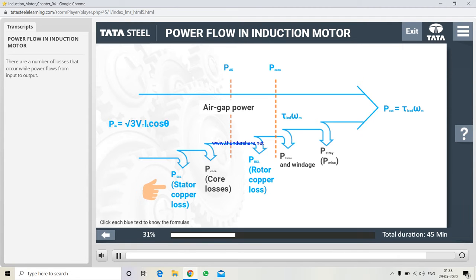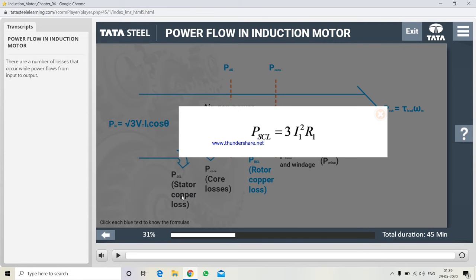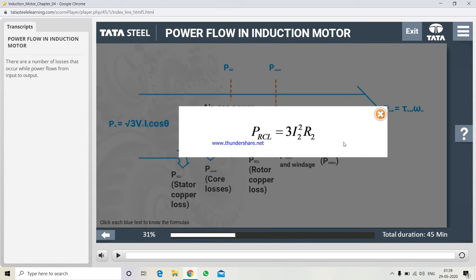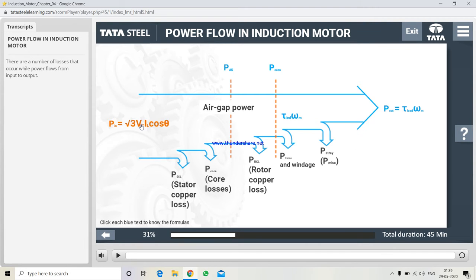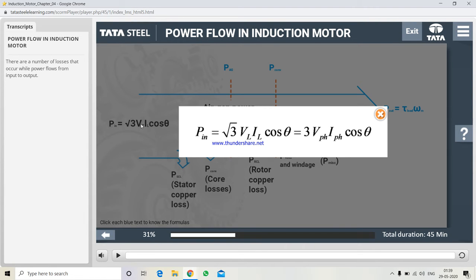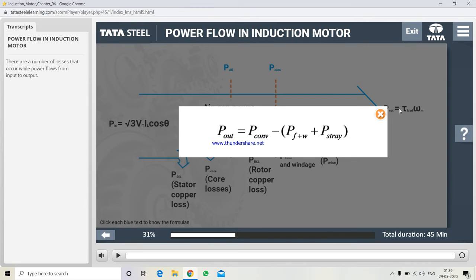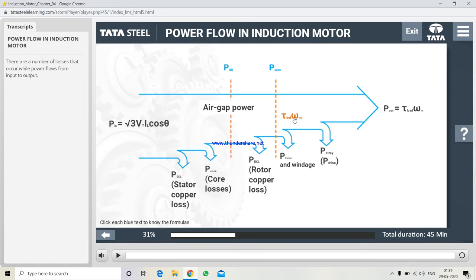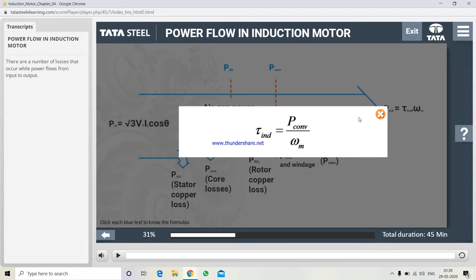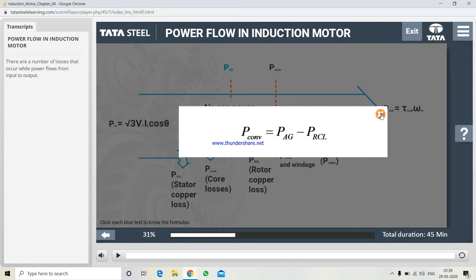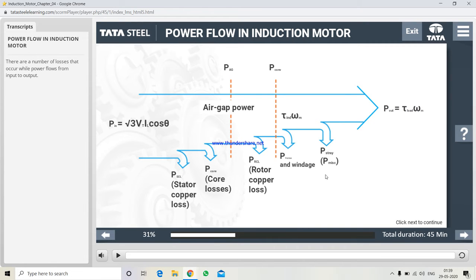Click each blue text to know the formulas. Click Next to continue.